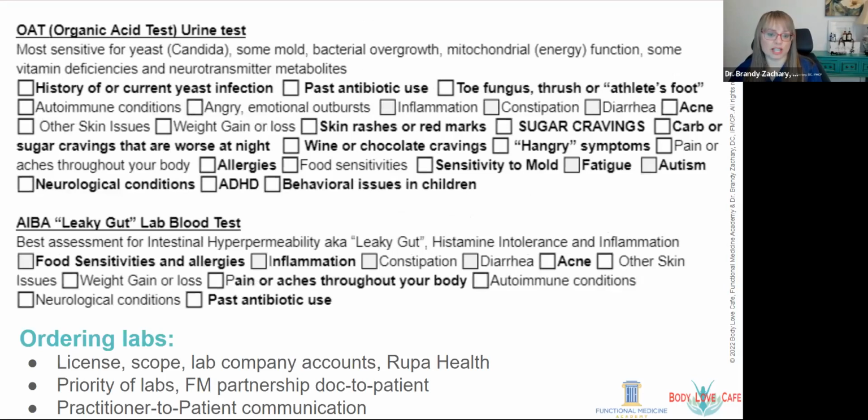Here's a few other examples we gave, some of the things that would have us lead towards, yes, we want that test first. For example, that ABA test that I mentioned that I like so much, it's not the cheapest test. I could get cheaper ones, but that one I think is superior to most of the tests out there. So that's why I still use that one. But I don't order it all the time because of the price.